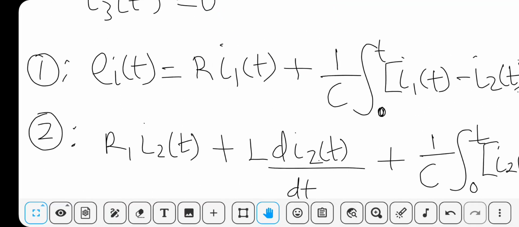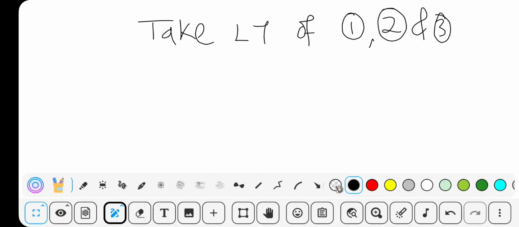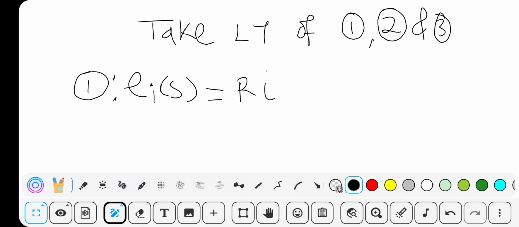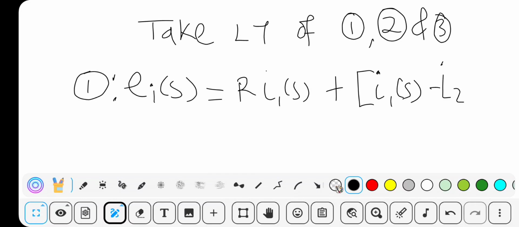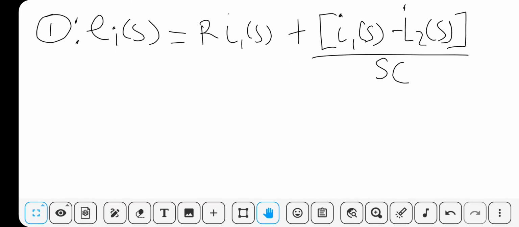So taking the Laplace transform of the first equation, you have this plus minus I2 of S over SC, when you take the Laplace transform of 1 over C integral from 0 to t of I1 minus I2 dt.